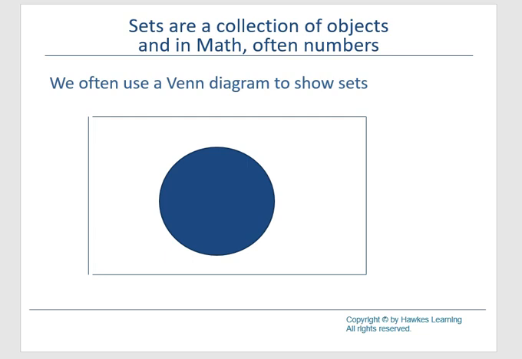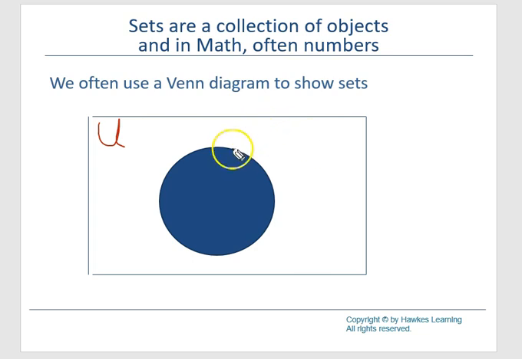Now, as we look at this, the box represents what we call the universe. And we usually use the capital letter U to indicate the universe. This would be all of the members of the set that we're thinking of.